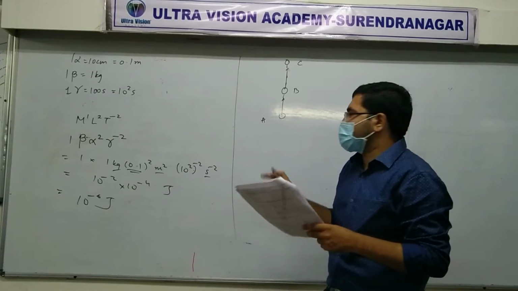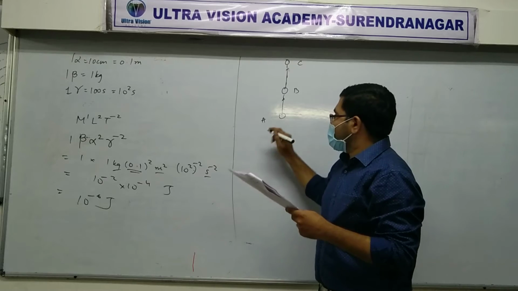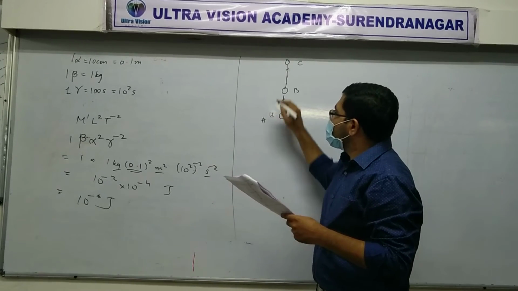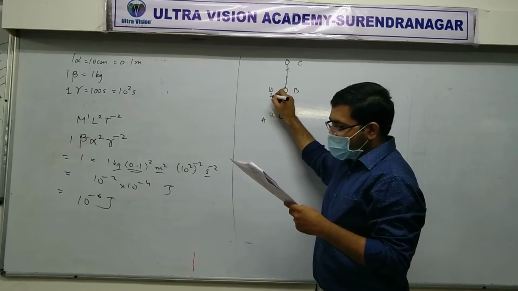Okay, so this is what we know. The ball was thrown up from A. Here its velocity was u. Then here it was u by 2.